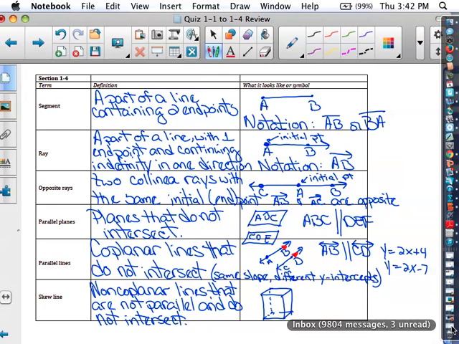Skew lines will be lines that don't intersect. For example, the front top and the bottom right, they are neither parallel nor will they intersect. So they are therefore skew lines. And that is all of the review.